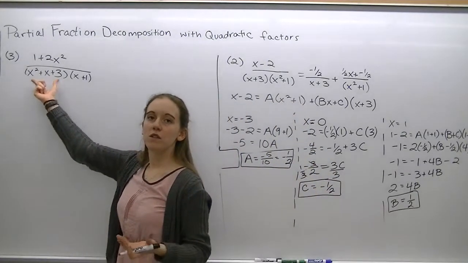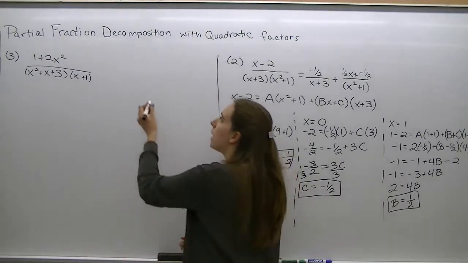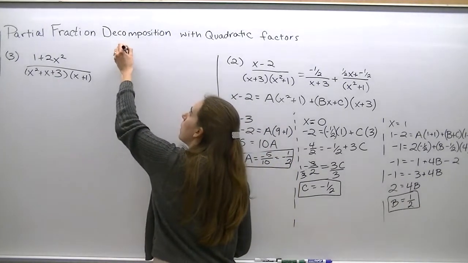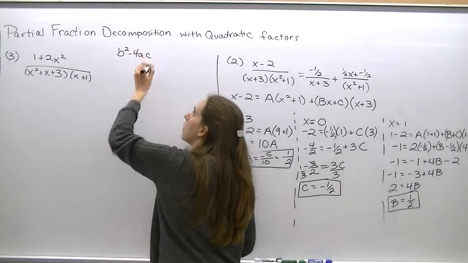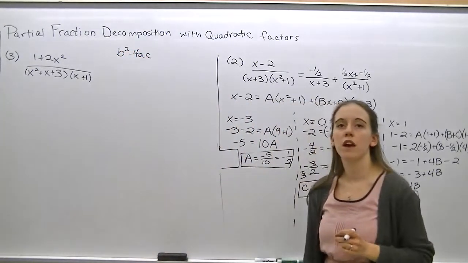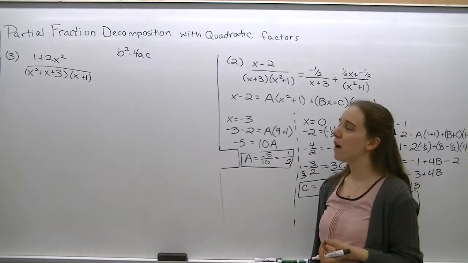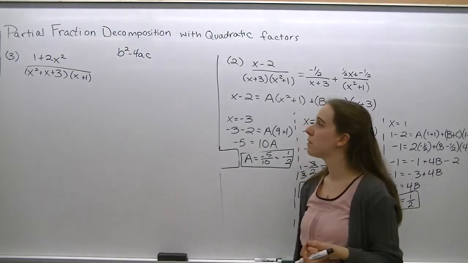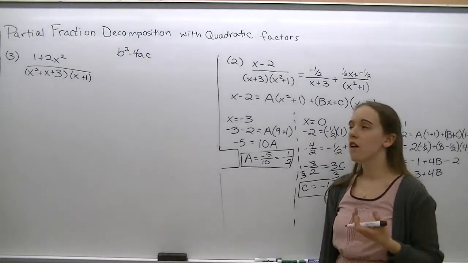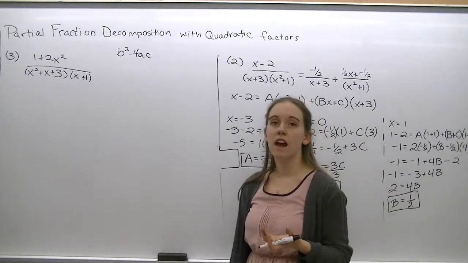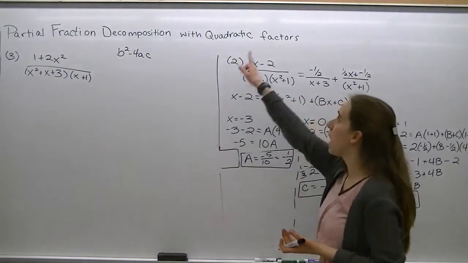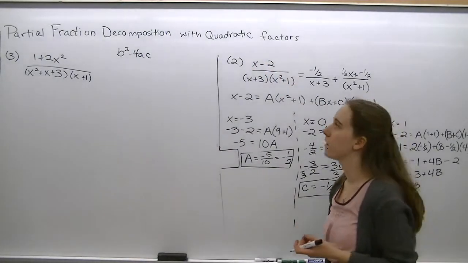So what we can use is actually the discriminant, which is part of the quadratic equation. It's the part under the square root, so it's b squared minus 4ac. If that's positive or 0, we know that that quadratic does have real roots. If it's negative, then we know that it does not have any real roots, which is what we're talking about here when we have quadratic factors.